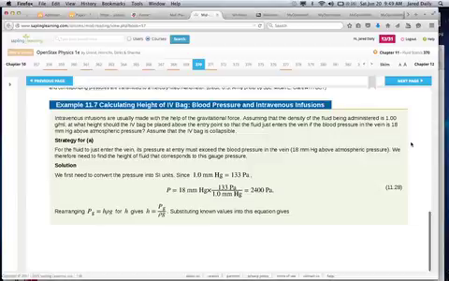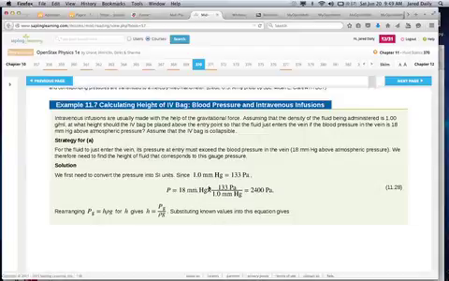So now, when we go into this example, it says the blood pressure in the vein is 18 millimeters of mercury above atmospheric pressure. That is comparing one pressure to another, so that is going to be a gauge pressure. We'll use the rho times g times h for that. And they actually give us a conversion, so we don't even have to do that, which is kind of nice.